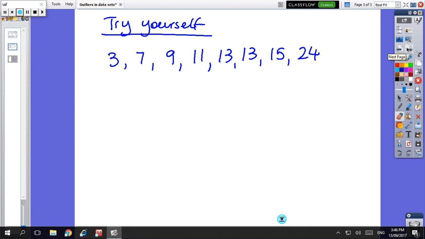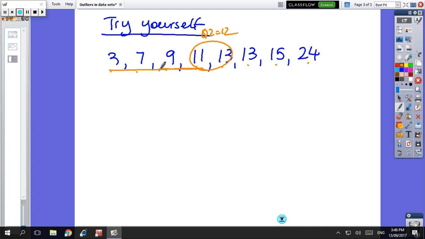Okay, so I'm hoping this time we do have an outlier, but let's do it together. So we've got 1, 2, 3, 4, 5, 6, 7, 8. We've got two middles, so Q2 equals 12. We don't need Q2 except when we're drawing the diagram.